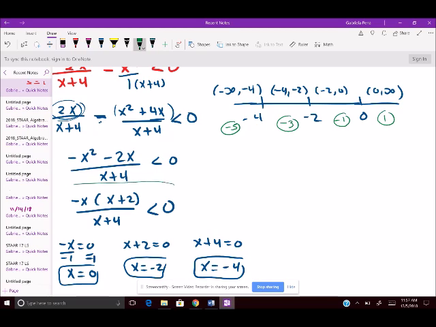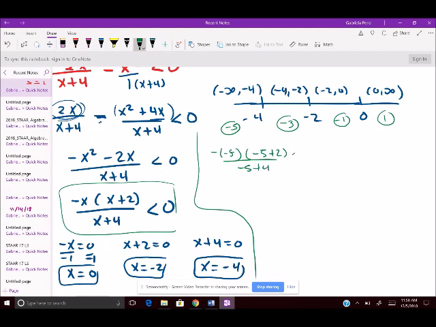And then I would plug them in here and go for a yay or a nay. I'm just going to go ahead and do it. Negative 5 plus 2 over negative 5 plus 4 should be less than or equal to 0. This becomes a what?